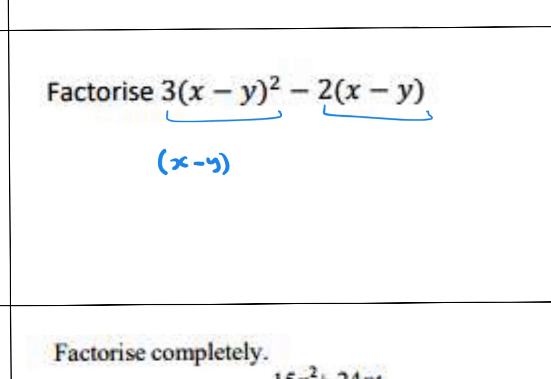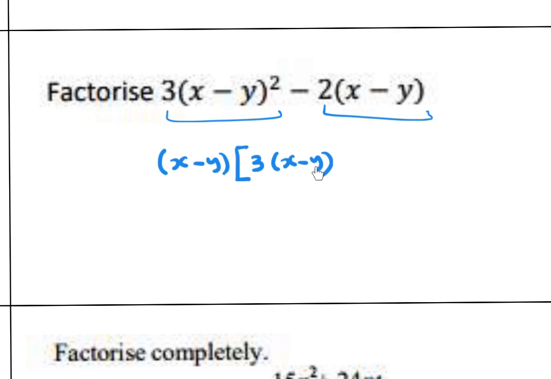So you are left with x minus y times what equals 3 times x minus y squared? You can divide: 3 divided by 1 equals 3. x minus y squared divided by x minus y gives x minus y.